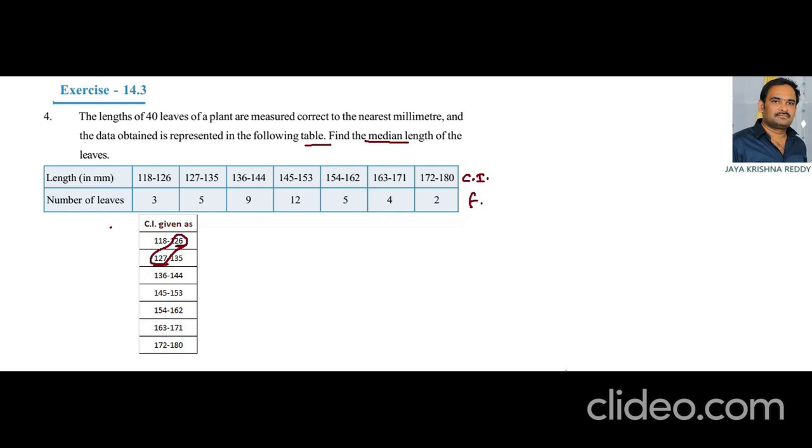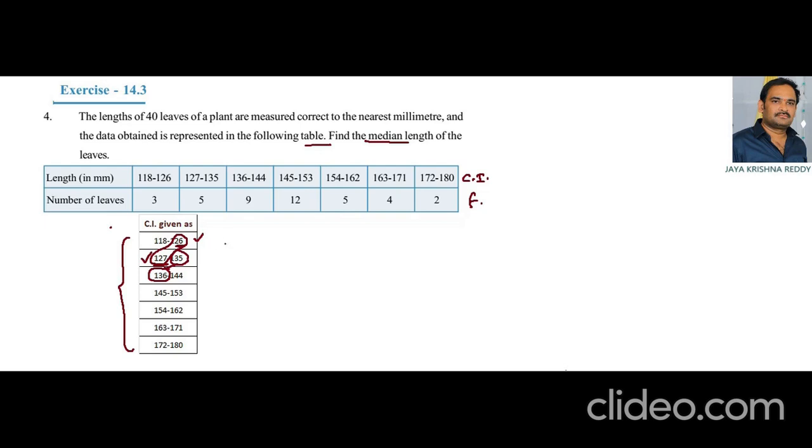So these class intervals are not continuous, because continuous class intervals mean the upper limit of the first class interval should match the lower limit of the next class interval. Here you can also observe this 135 does not match the next class interval's lower limit 136. So we have to convert these class intervals into continuous class intervals.